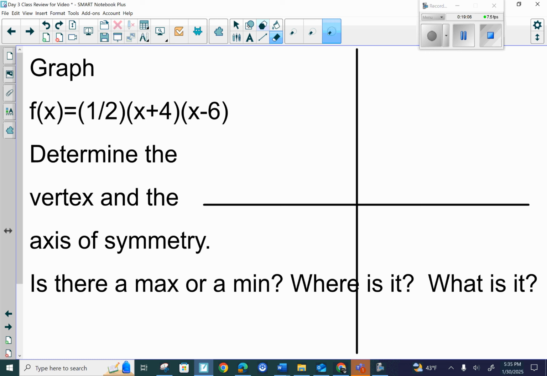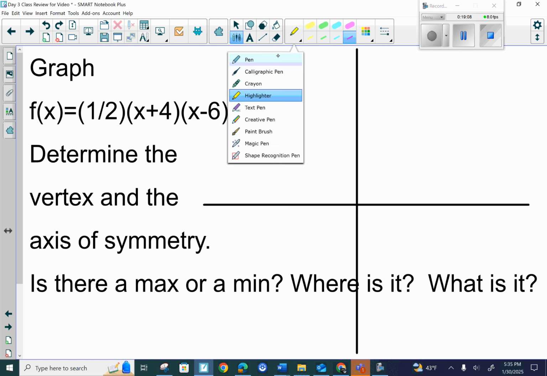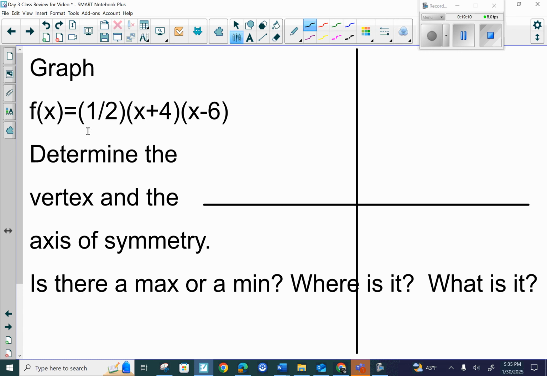So now we'll just go the other direction. Here is a function that's given to you in factored form right there. It is a factored form of a quadratic. We can see that if we multiply it out, we get that x squared. There's a coefficient of 1/2 in there.